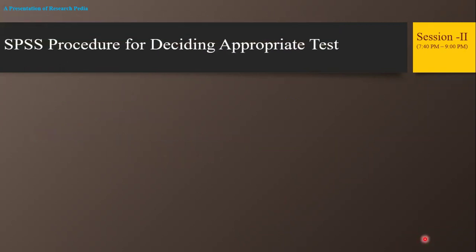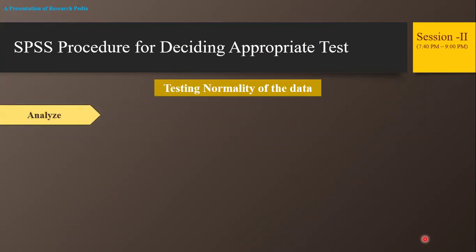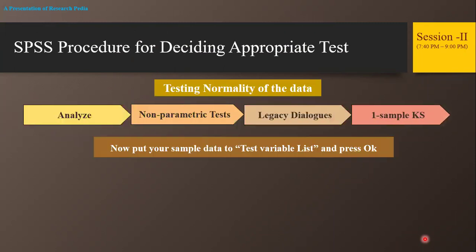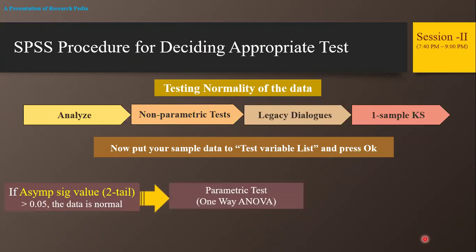Next is the SPSS procedure. This is the same procedure I have defined, testing the normality. Then you will decide whether you are going towards the parametric test, and in the parametric test you have two options. If equality of variance is confirmed through the Levene test, with a sig value greater than 0.05, you consider one-way ANOVA.